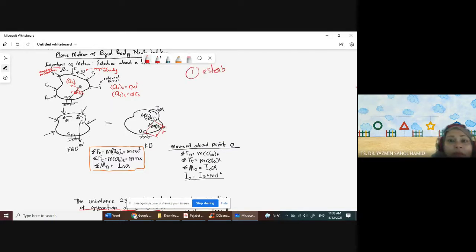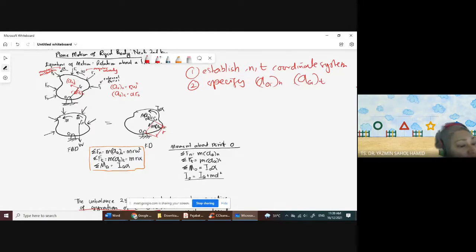And this procedure involves establishing, number one, what do we establish? If you notice, number one, what we did is we established the N and T coordinate system lah. We want to use this system, N and T coordinate system, and then we specify the direction of AG, direction of AGN and AGT, and then we draw the free body diagram.